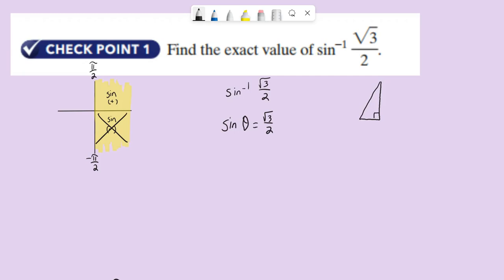So that would be this one right here, root 3 over 2. And that would be opposite a 60-degree angle. Right? So theta would be 60 degrees, or a better way of saying that would be pi over 3, since we're looking for the answer in radians. So for the inverse sine of root 3 over 2, that answer is pi over 3.